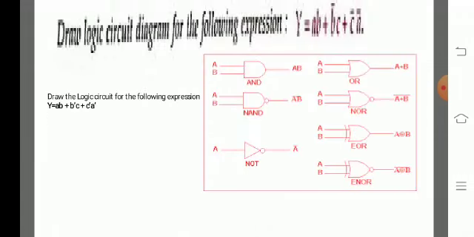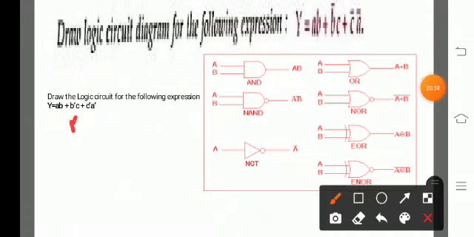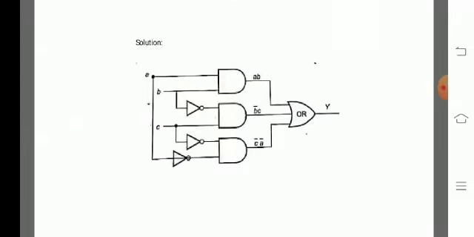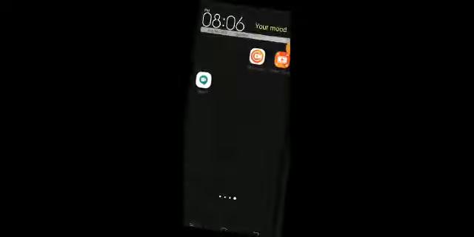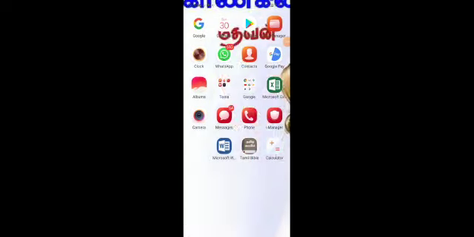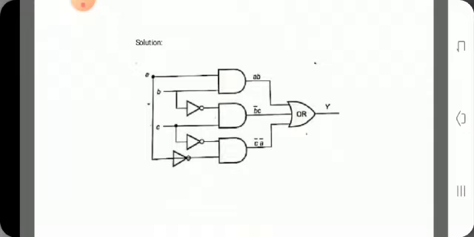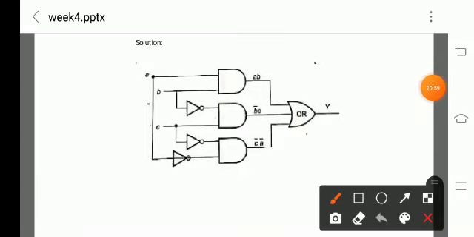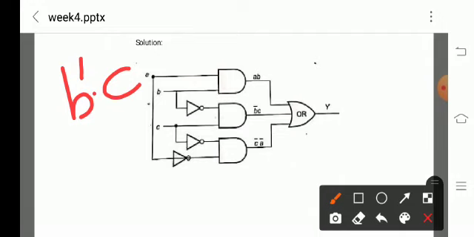Then the second one, B dash C. In between there is multiplication. So what is multiplied?